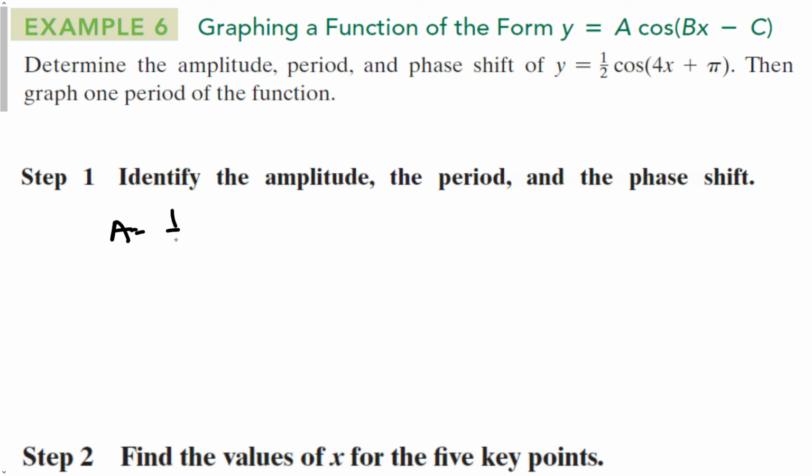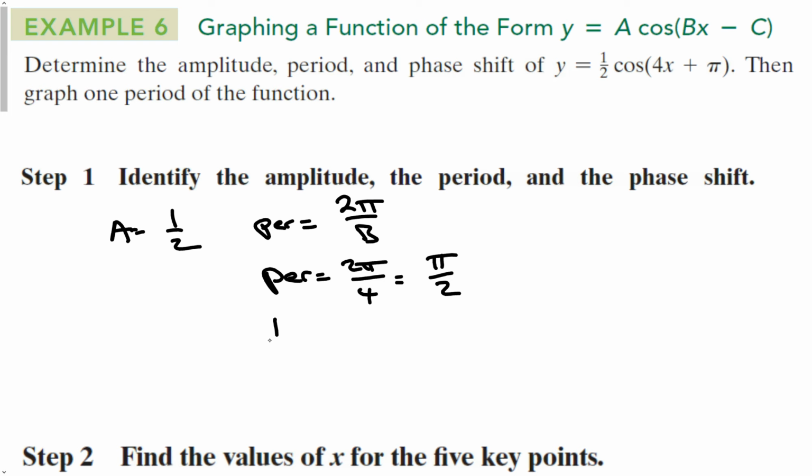Amplitude is 1/2. Period is 2 pi divided by b. So that gives me 2 pi divided by 4 pi over 2. Quarter period is pi over 2 divided by 4, which gives me pi over 8.